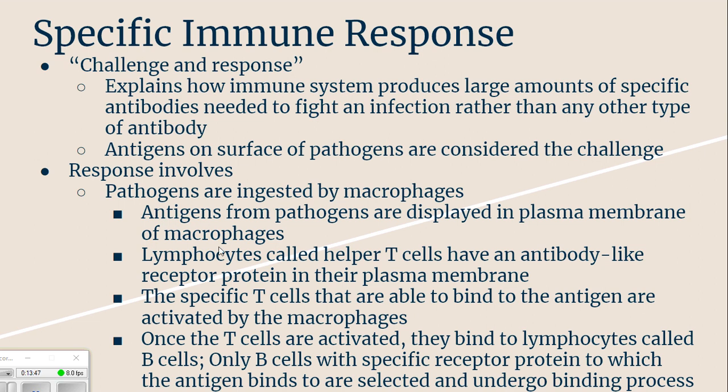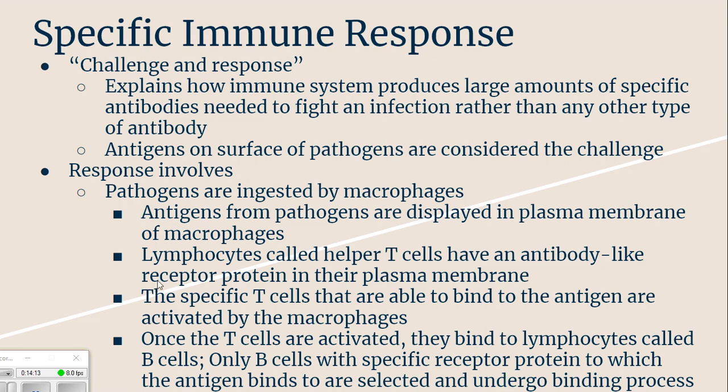Now, antigens from the pathogen are displayed on the plasma membrane of the macrophage. So the macrophage will take in that pathogen, break it down, and take those little pieces and put them onto its cell surface. So it will present the antigen to the immune cells.